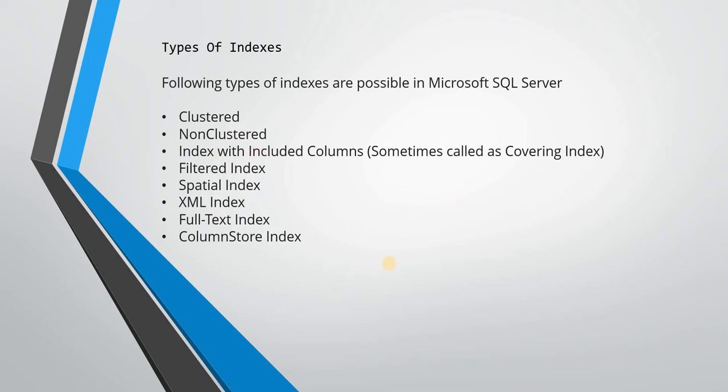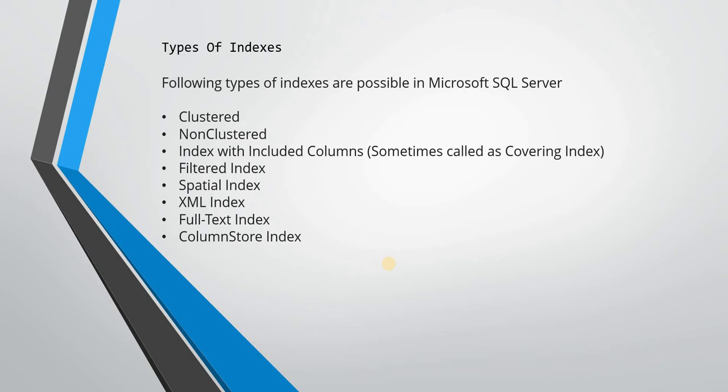Let me talk about the heap first. So what is a heap? When a table does not contain any indexes, it is called a heap. Sometimes heaps are very advantageous.